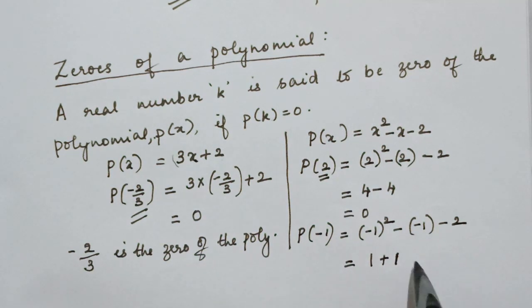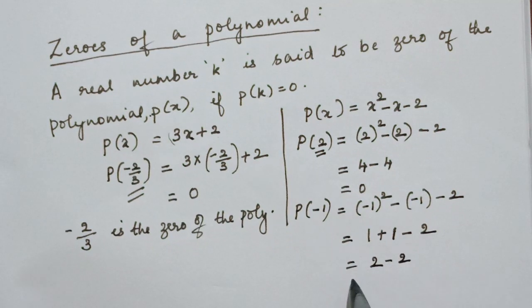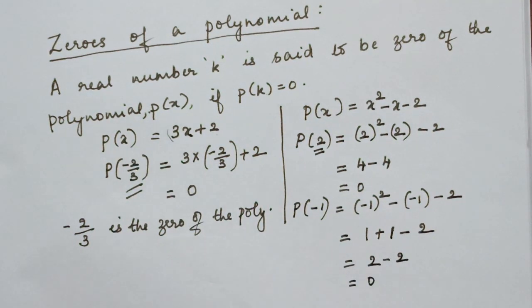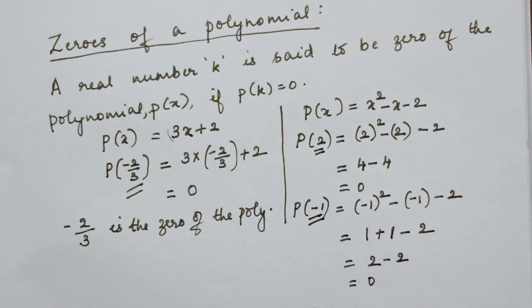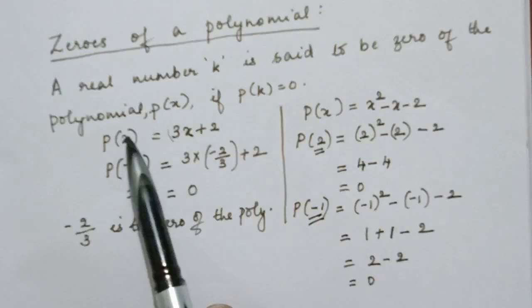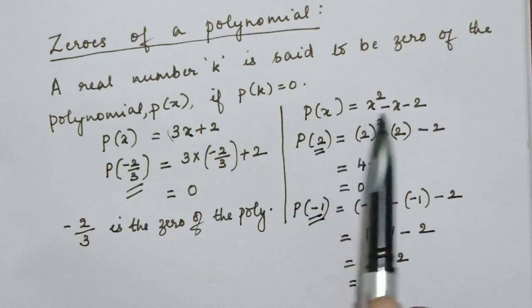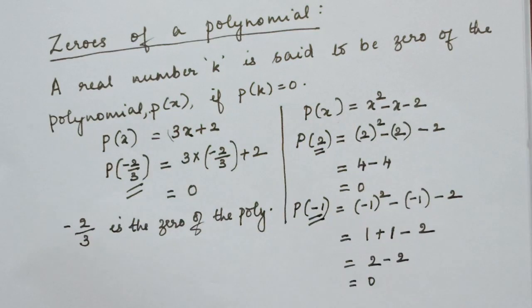So this becomes 1 plus 1 minus 2, which is equal to 2 minus 2. This also becomes 0. So we can understand that minus 1 is also a zero of the polynomial x squared minus x minus 2.